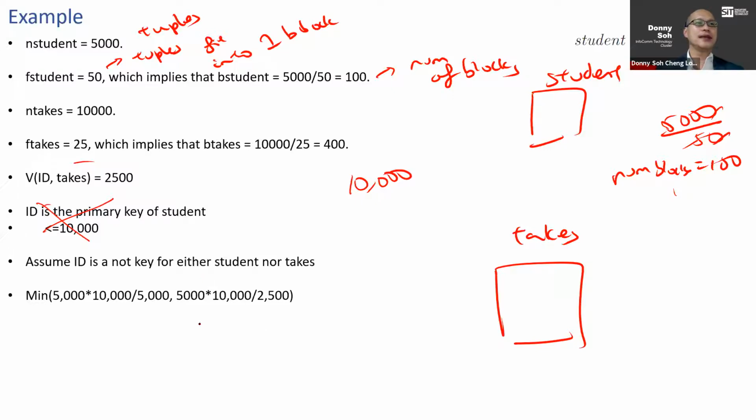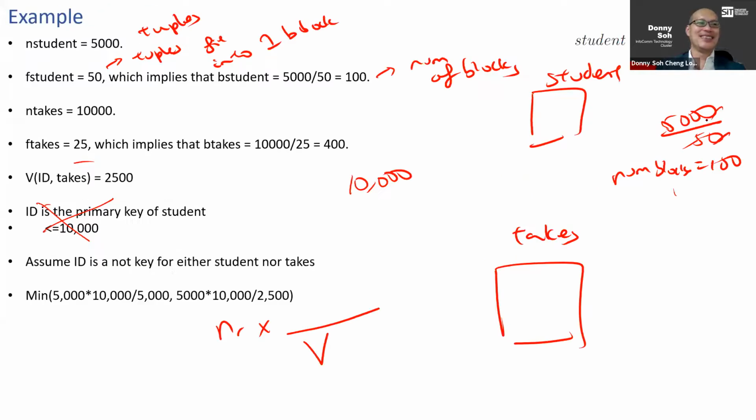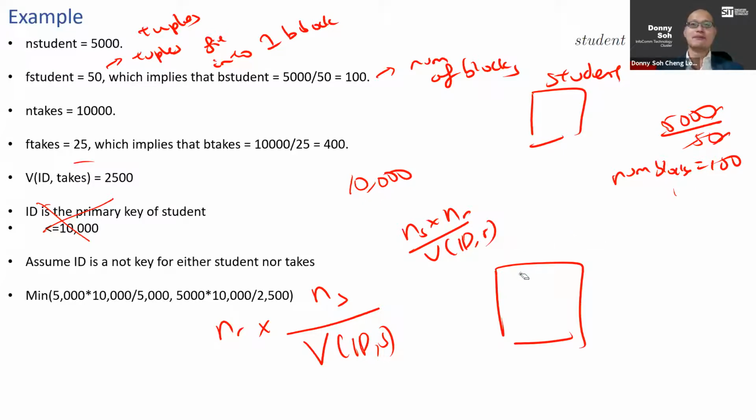So what we will have is N_R times, what's the formula? Can I remember offhand? N_S times N_R divided by V(ID, S), and the minimum of them.